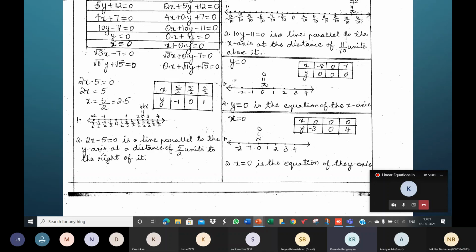If it is parallel to the y-axis, it can be to the right of the y-axis or to the left of the y-axis. Or the lines can be the x-axis or the y-axis itself. That's what you see in these two examples.